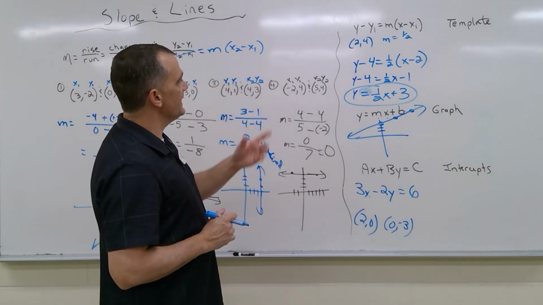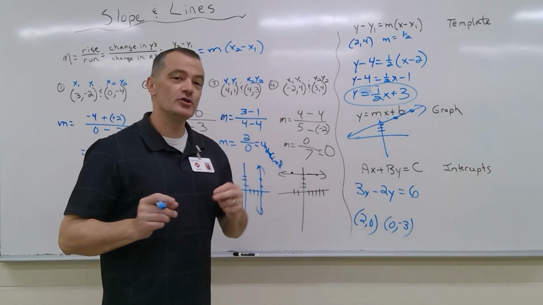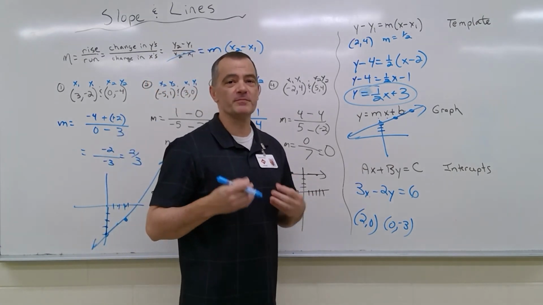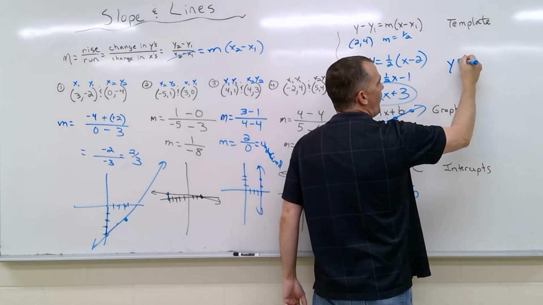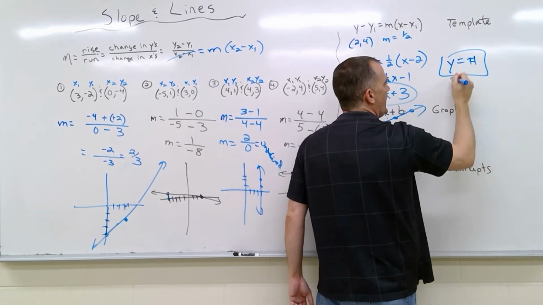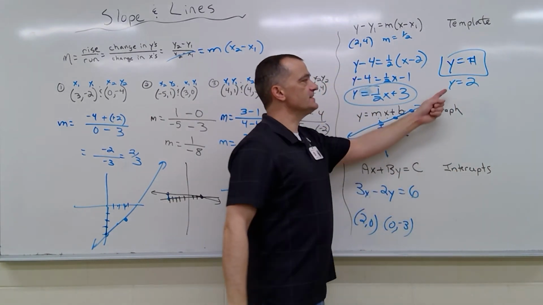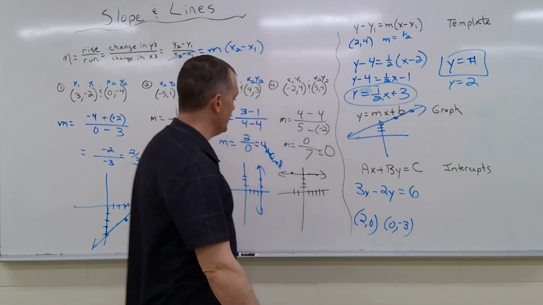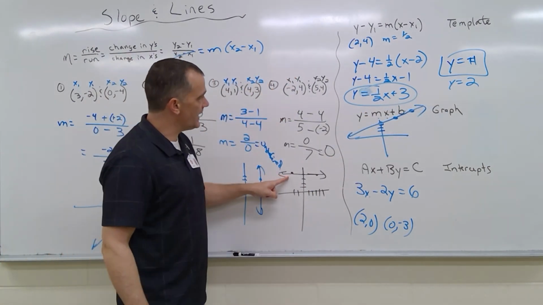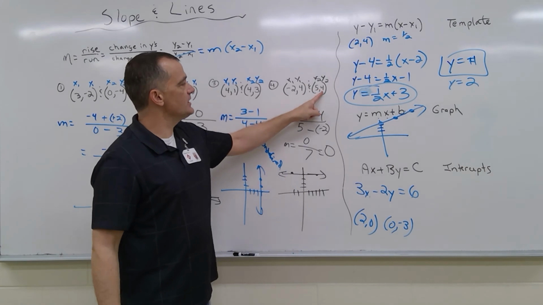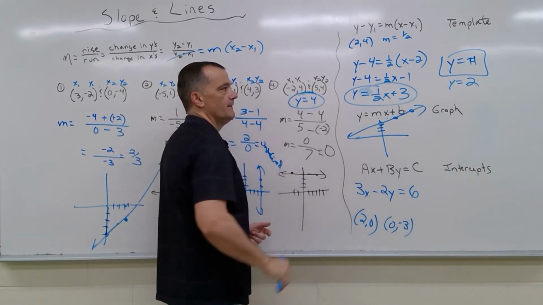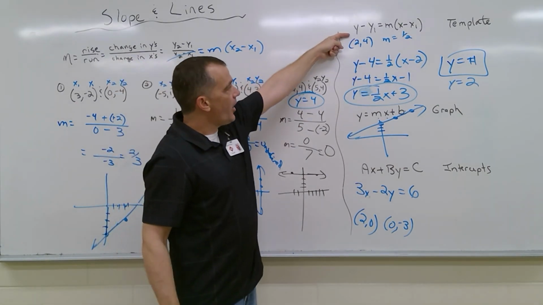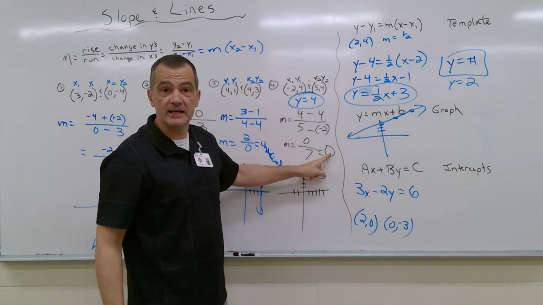Last but not least, and I'm running out of time, but there are two other linear equation forms that some instructors really like to harp on, and one is like y equals a number. If I have y equals 2, this is the graph of a horizontal line. So if we look at this horizontal line right here, we see that the equation of it would simply be y equals 4. Now, we could use our template and plug in 0.